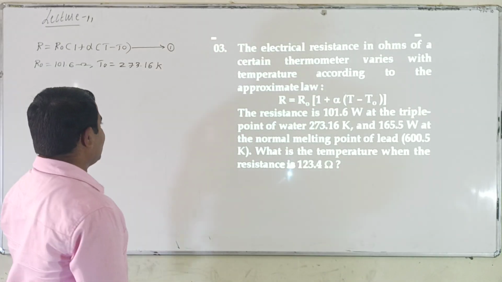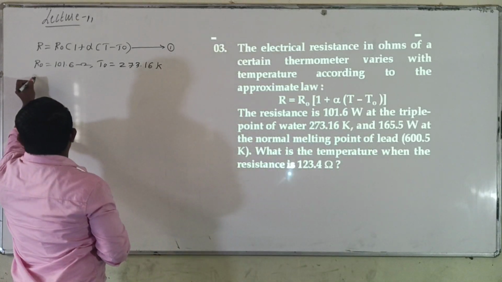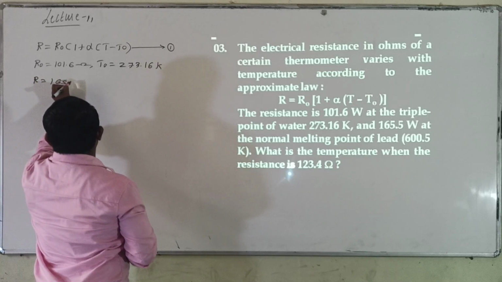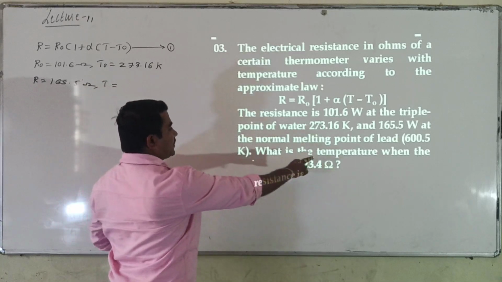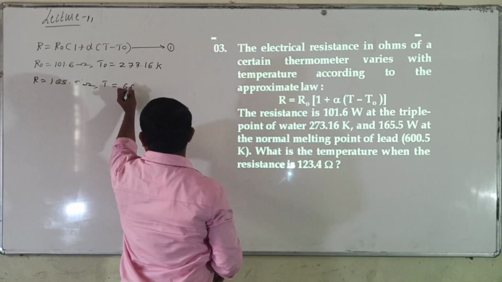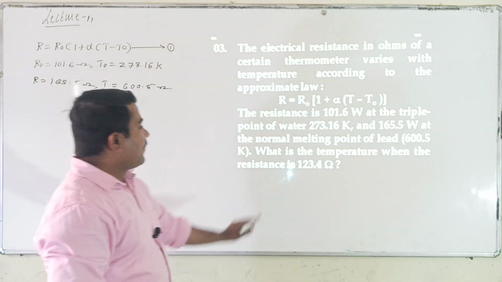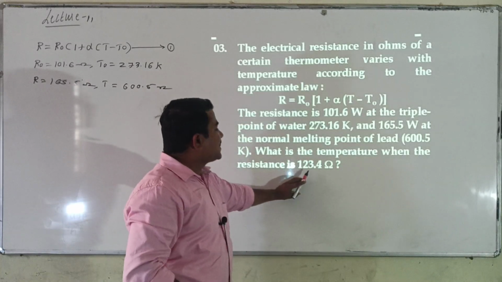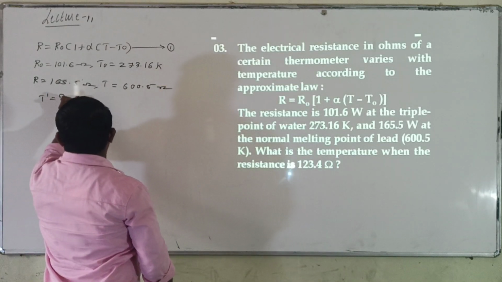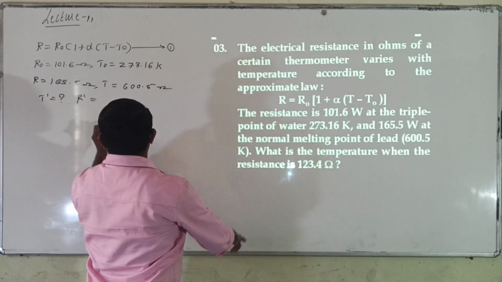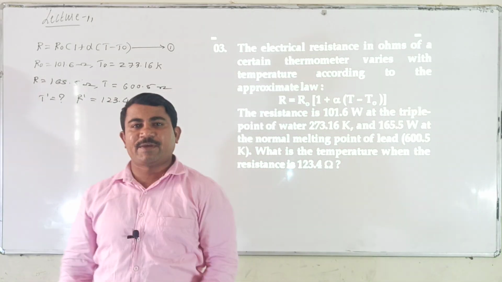Right? Then resistance R is 165.5 ohm at the melting point, which means higher temperature, 600.5 Kelvin. What is the temperature when resistance is 123.4 ohm? It is very simple.